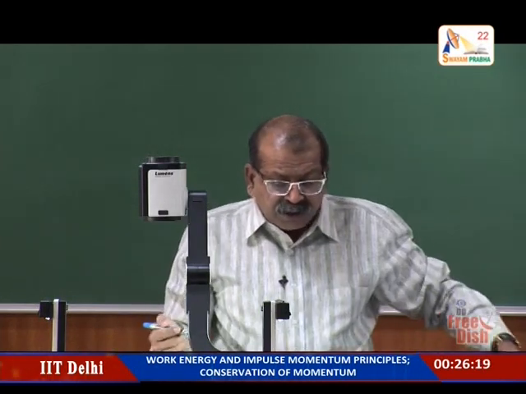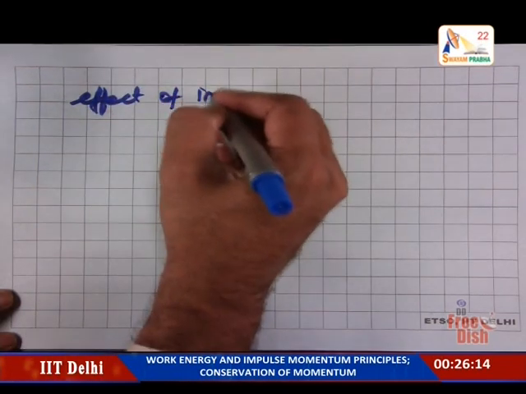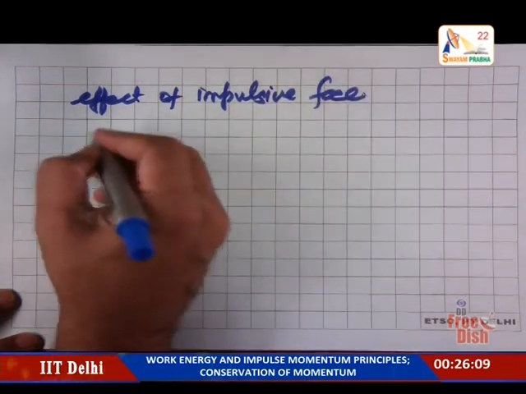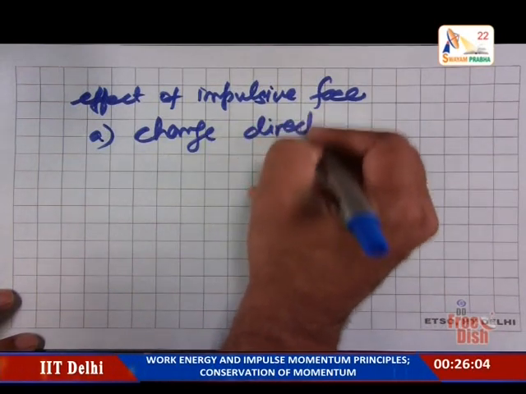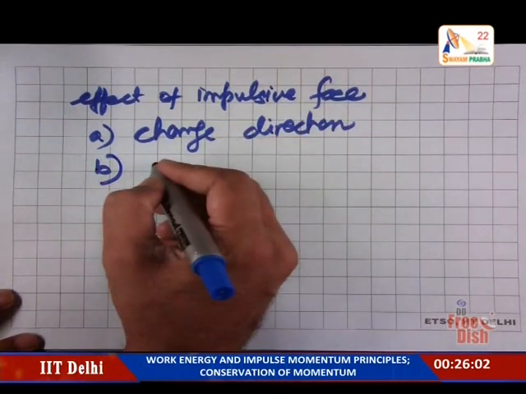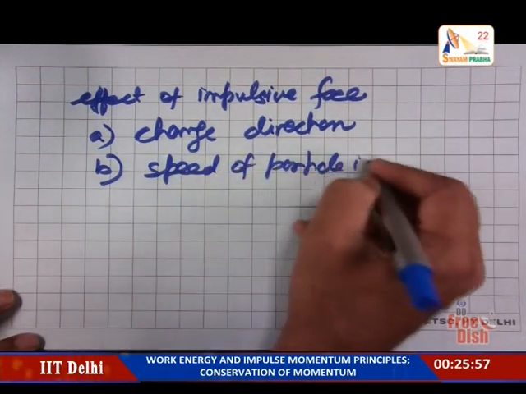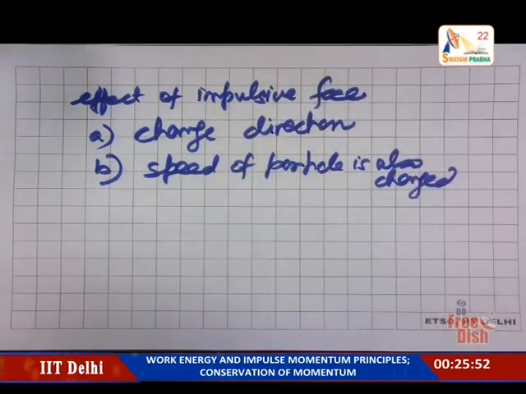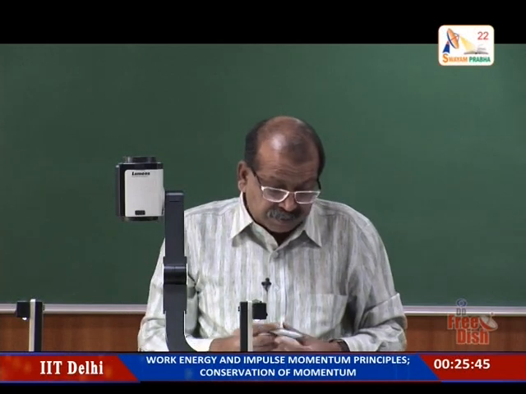So, what we see is the effect of the impulsive force is, one, the direction of the particle could be changed, and secondly, the speed of the particle is also changed. So, either one or both of these effects could take place, and this is what the impulsive force or any force would do on the particle.